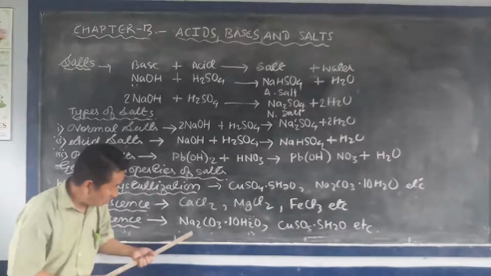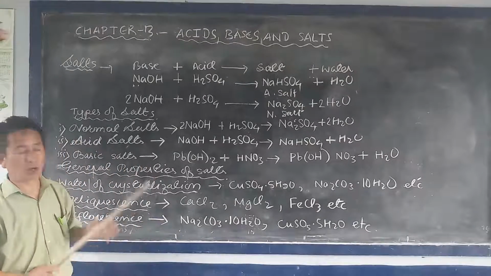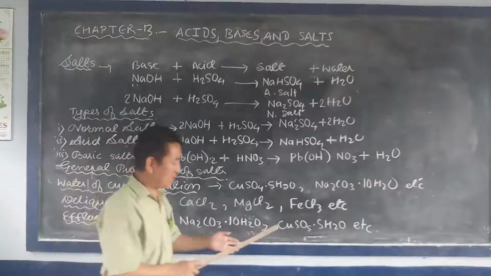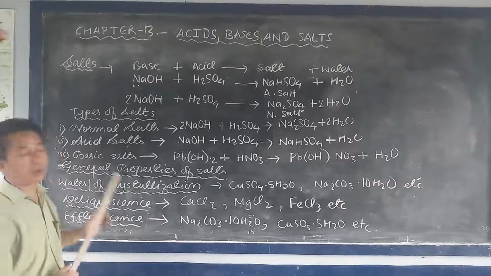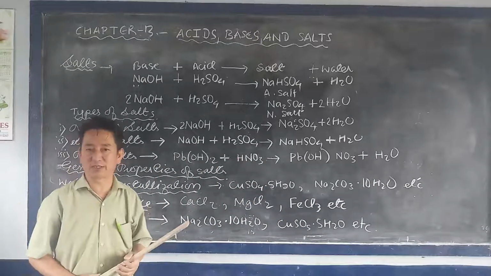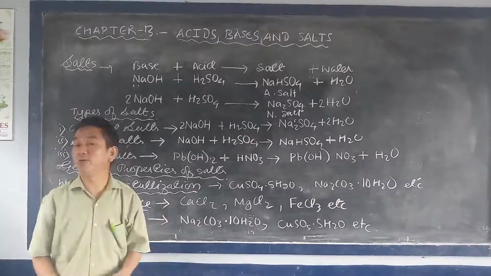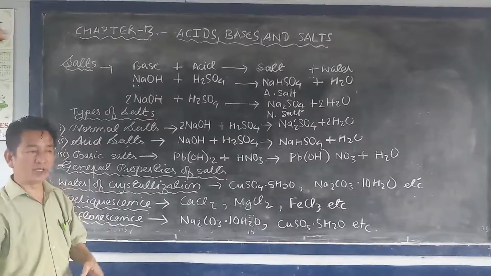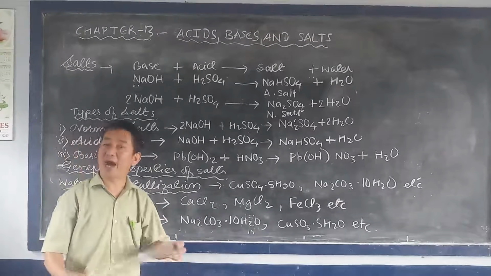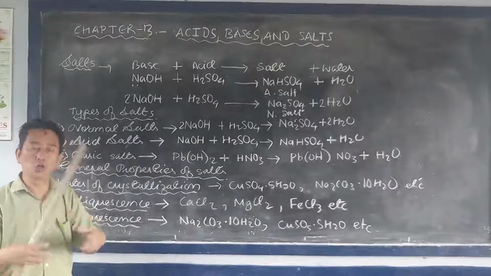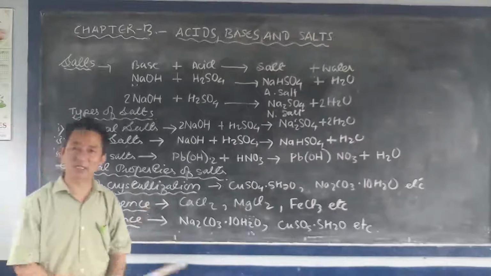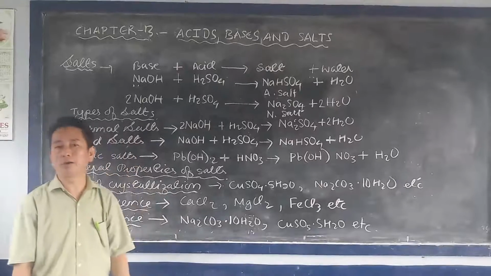As you can see here, hydrated sodium carbonate or washing soda and hydrated copper sulfate are examples of efflorescence, or these are the efflorescent substances. When they are exposed to air, they partially or completely lose the water of crystallization and crumble into powder.